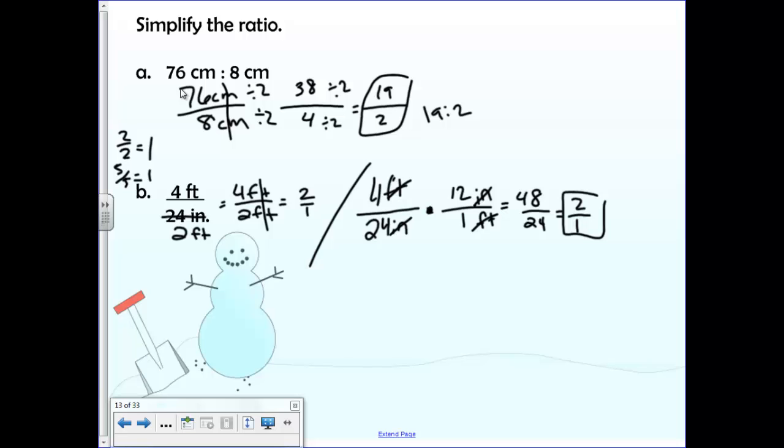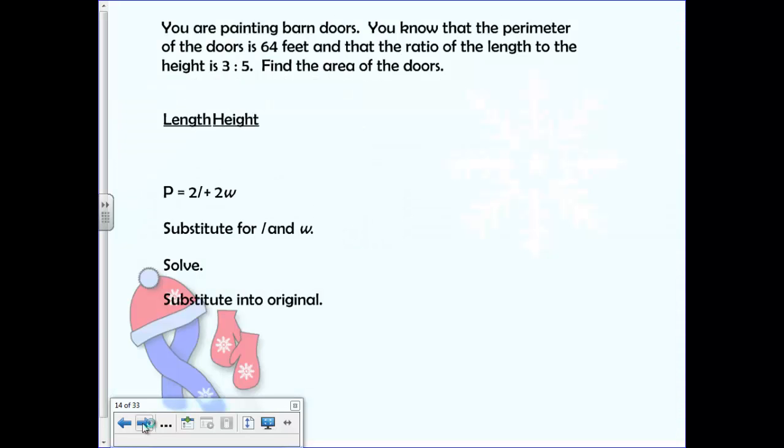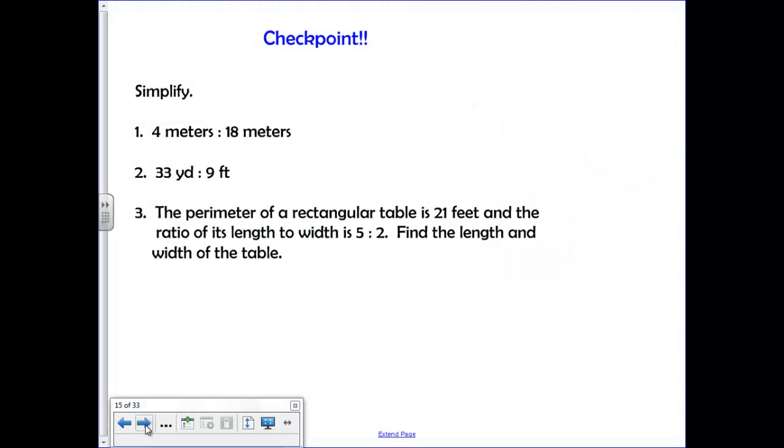We're going to jump to the back side or to the next part of your worksheet. We're going to skip that one example for a minute. 1 and 2. Simplify 4 meters to 18 meters. I'm going to write it as a fraction. Do I need to convert units? Do we have same units? Yeah.